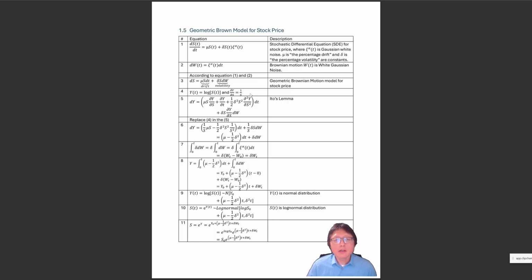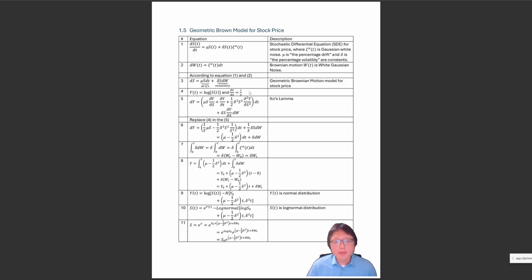Basically the idea here, because this one is simple, you can easily look at it. You have to solve a lot of stochastic differential equations or partial differential equations, and using brute force to solve them is very hard. So usually, in a lot of areas, there's some kind of transformation to make it into a simple form.